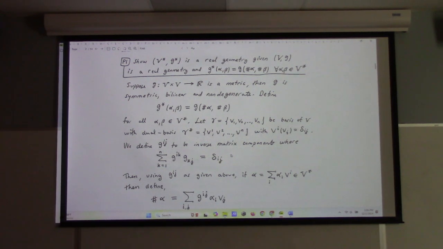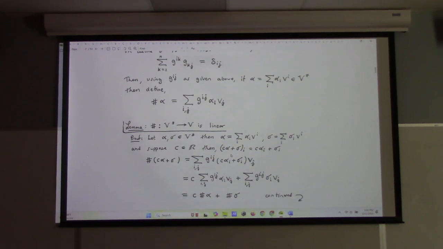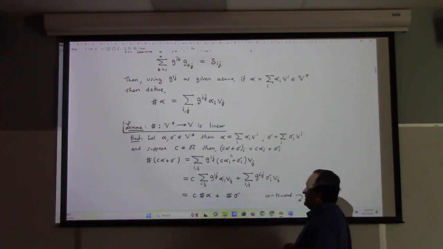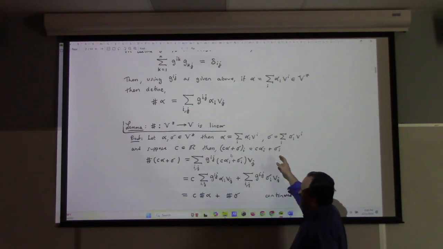So that's the definition of the sharp, and so I can prove a lemma, which is that the musical morphism is in fact linear. If I have alpha and sigma dual vectors with components alpha sub I and sigma sub I respectively, then of course the ith component of their sum is defined as such.